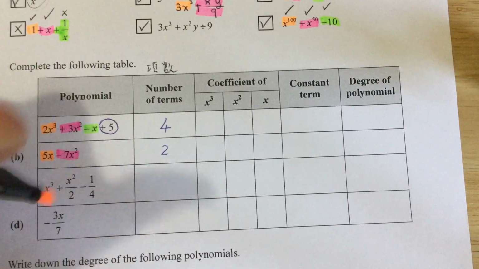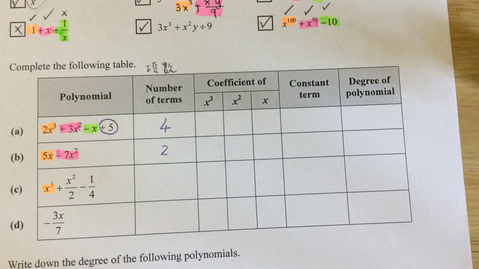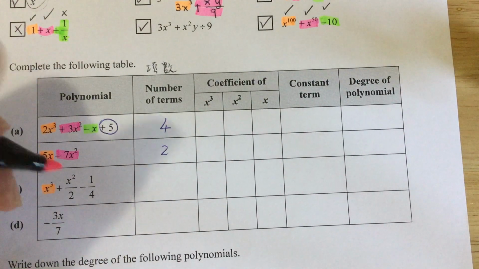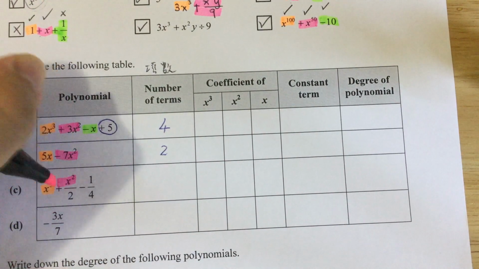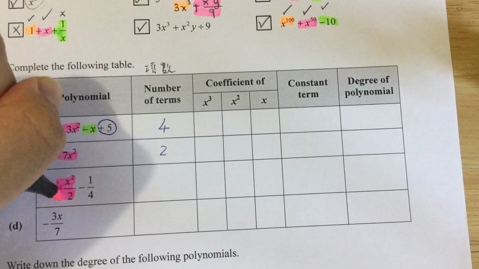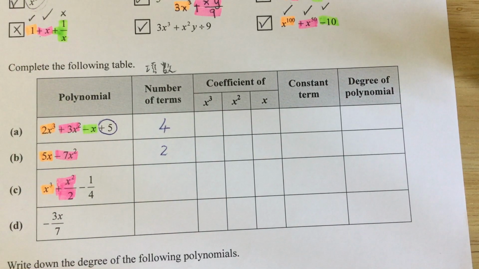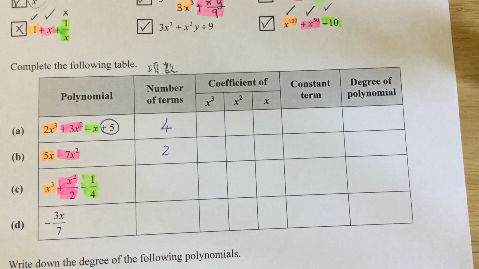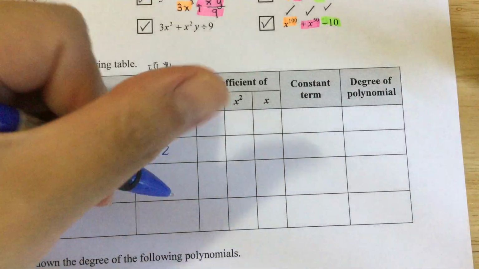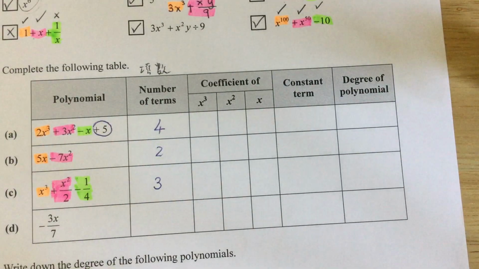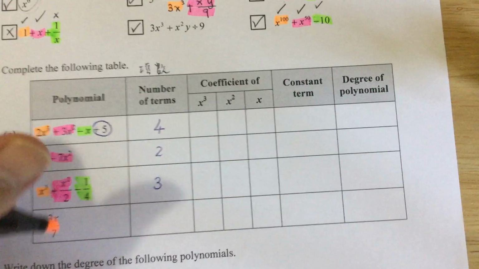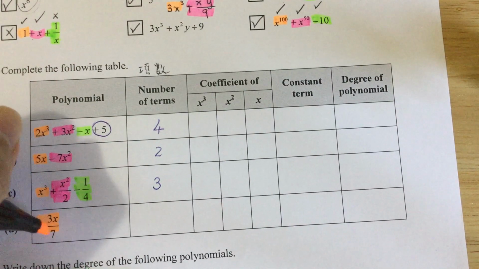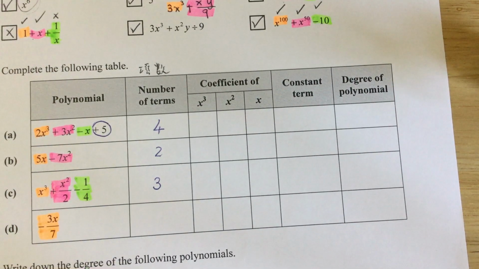This is x cubed, plus x squared over 2, and the last one is negative 1 over 4. So the answer for this one is 3. The last one is negative 3x over 7, so this one is only 1 term.